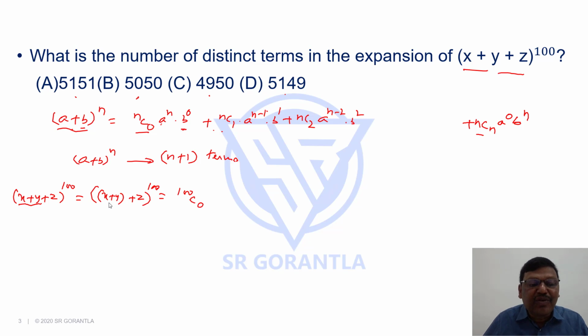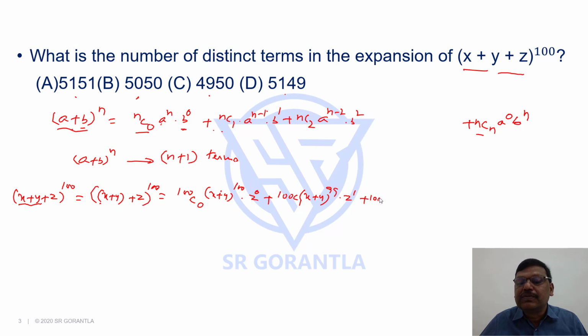So 100C0, in the place of a I have x plus y: (x + y)^100 into z^0. Next, 100C1 into (x + y)^99 into z^1. 100C2 into (x + y)^98 into z^2 and so on.